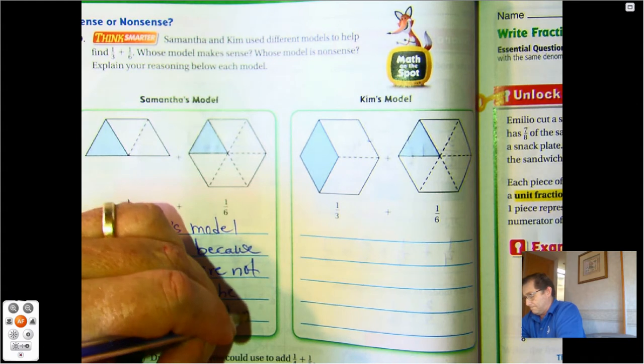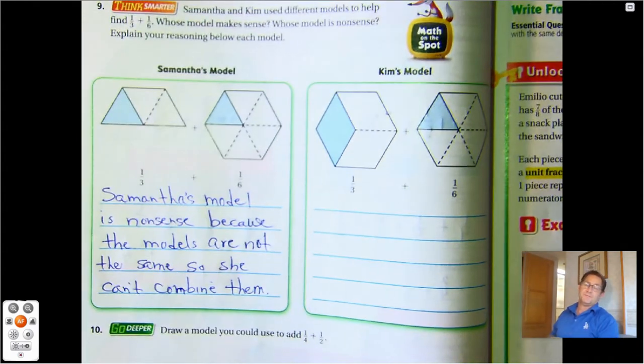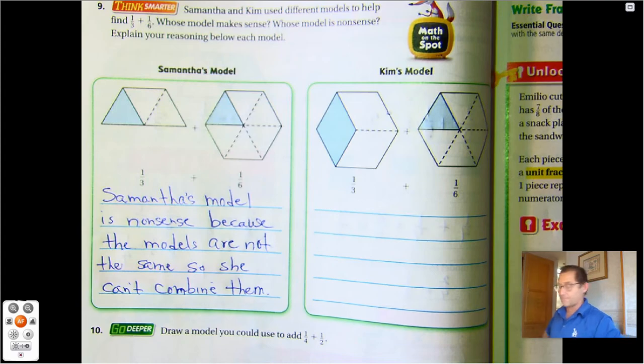Okay, so there's no way she can combine them because they're different sizes. Okay, but this one we can combine.